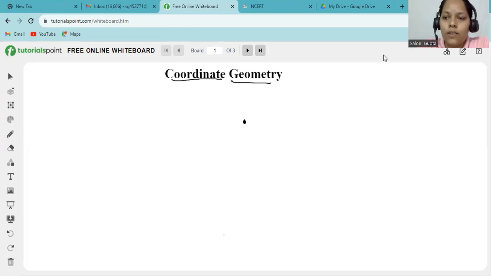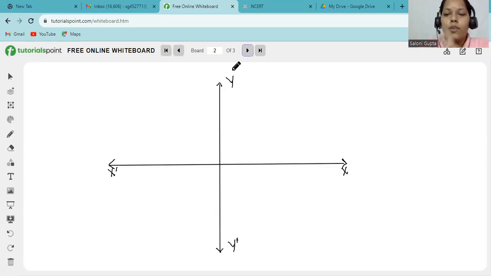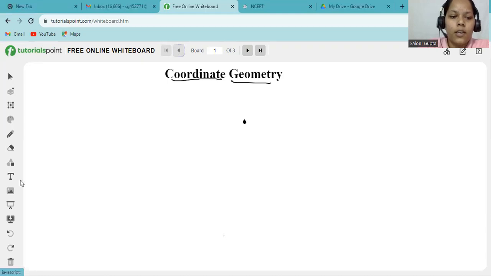Then we invented one system and that is called the Cartesian system in coordinate geometry. Let us learn what this Cartesian system is. It is made up of two number lines. You have all seen the number line.